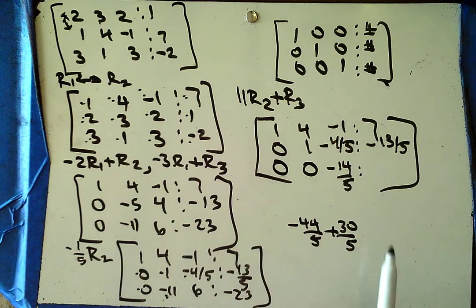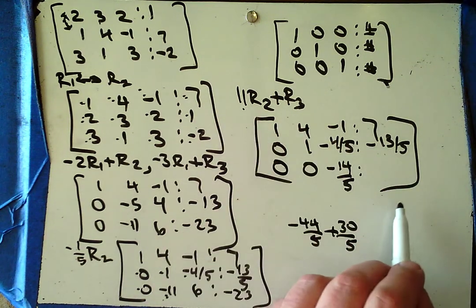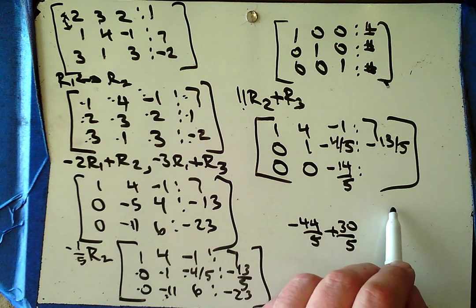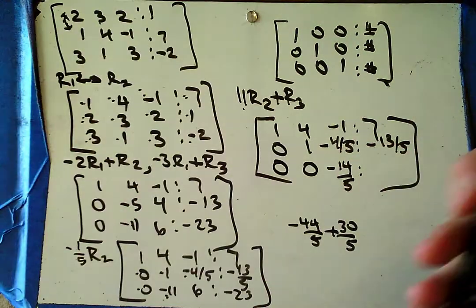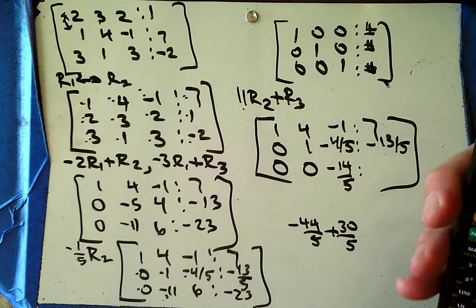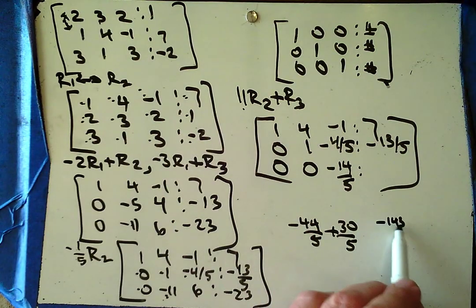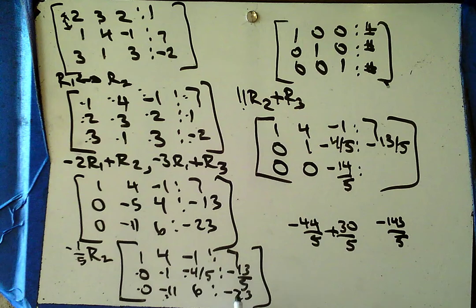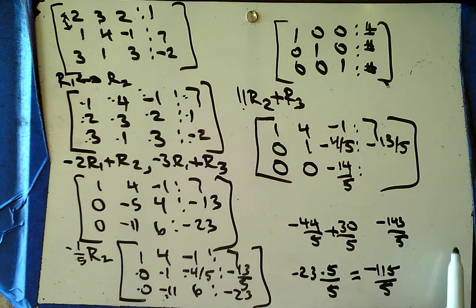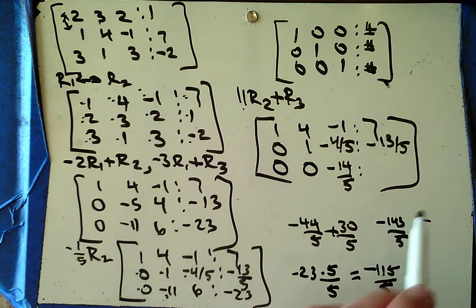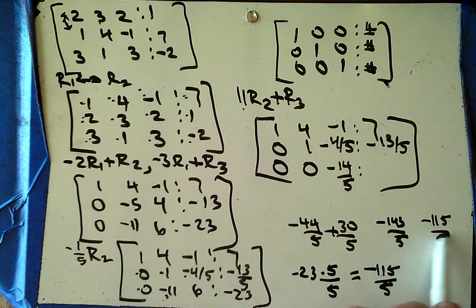Okay. And then I want to do 11 times this, which is 143. I don't know, 11 times 13. Yes, 143. So I've got negative 143 over 5, and I want to add that to negative 23. Well, negative 23 times 5 over 5 is negative 115 over 5.